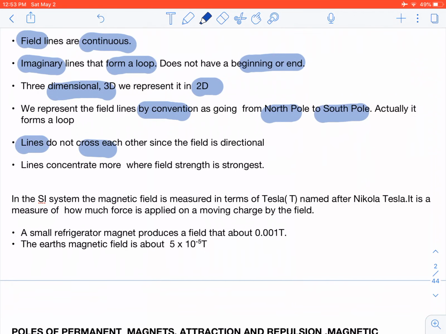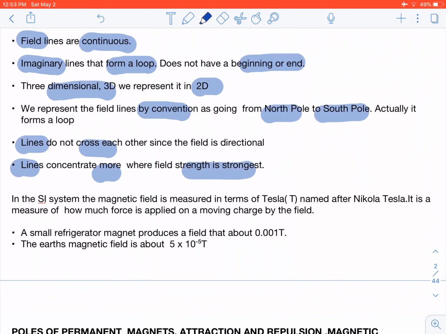And lines concentrate more where field strength is strongest. Okay. Right, so this gives you a description of it, but now I am going to try and illustrate it by showing you what happens when iron filings are sprinkled around a bar magnet.